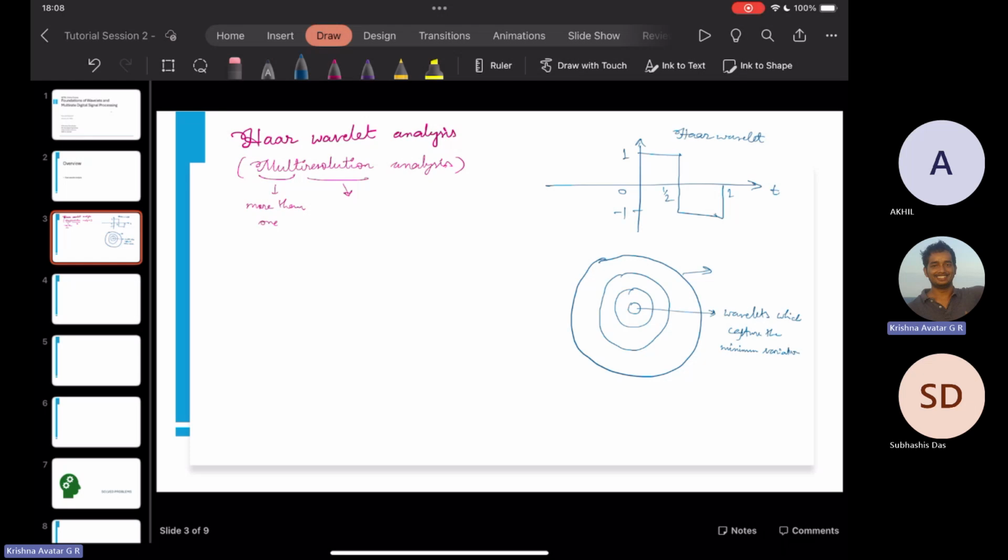And of course, these are wavelets which capture higher variations, which capture larger variations. Although this looks like a Venn diagram, you must know that we can go as small as possible and as large as possible, because of which it's not an exhaustive list.